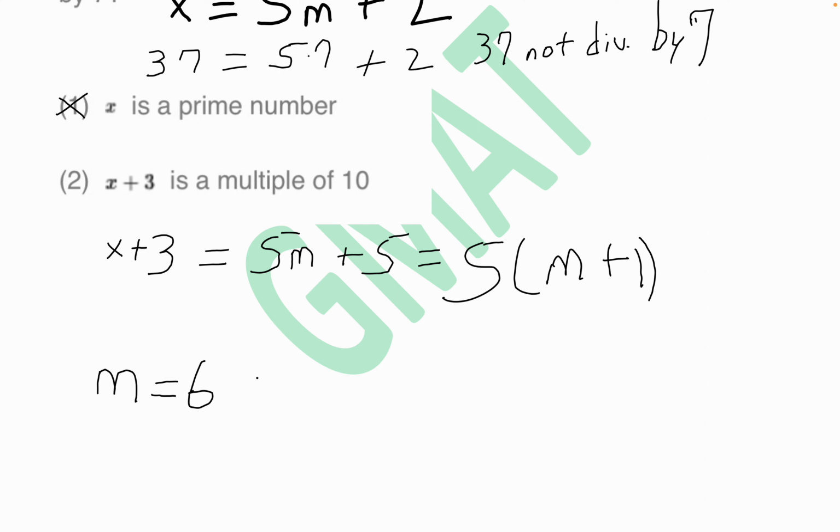So this would lead to x plus 3 is equal to 5 times 6 plus 1, but that's equal to 35, right?